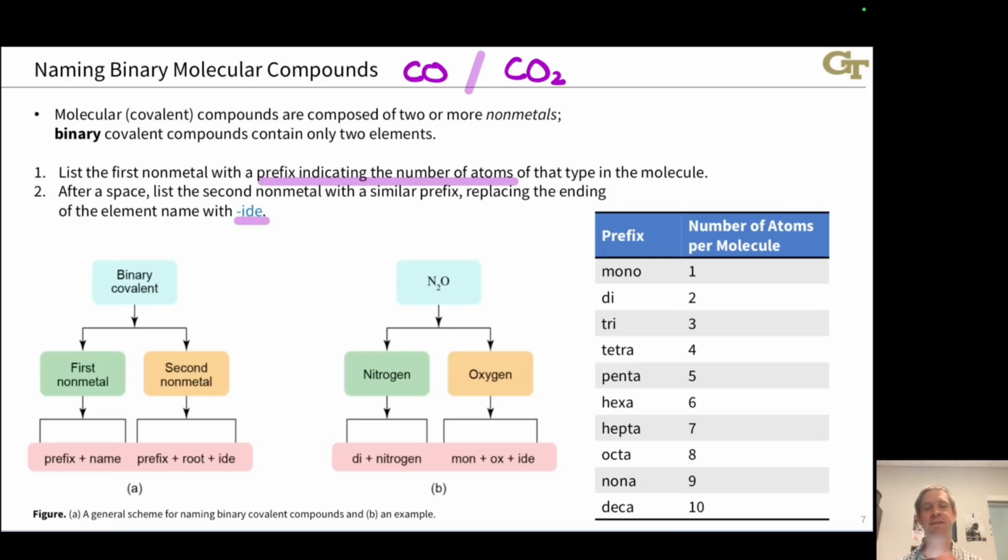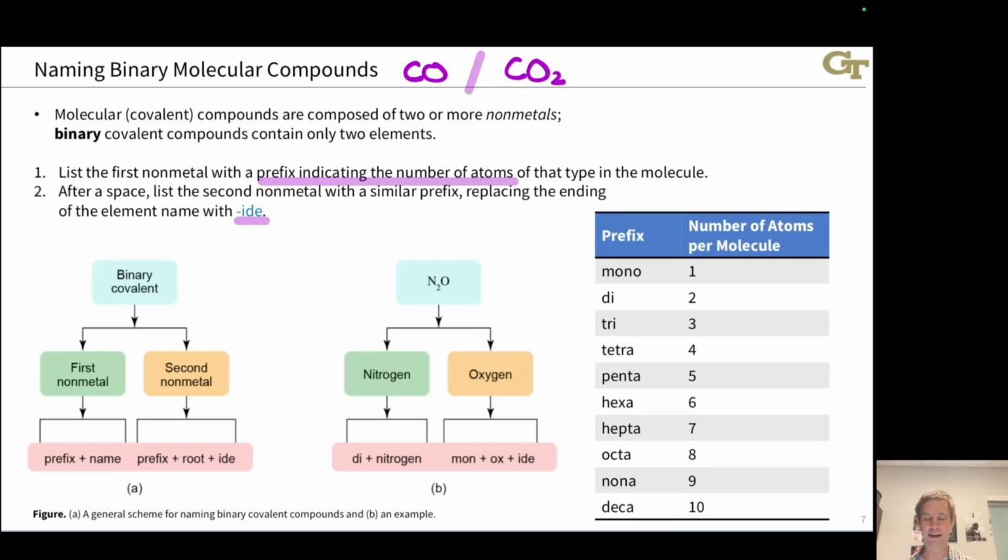And then the second nonmetal in the formula, remember, is the more nonmetallic, the more negatively charged element in the compound. Without getting into that too deeply, I'll just say here that the naming convention for the second element is to name it like the anion, replacing the ending of the element name with "ide."